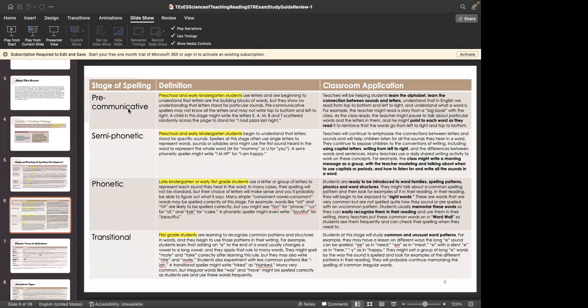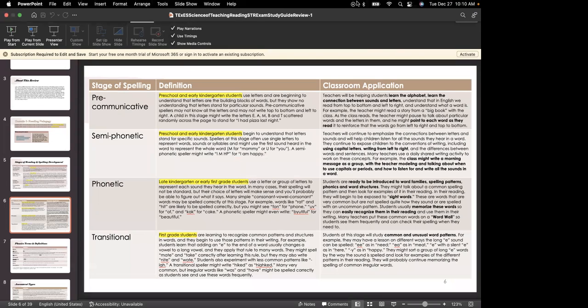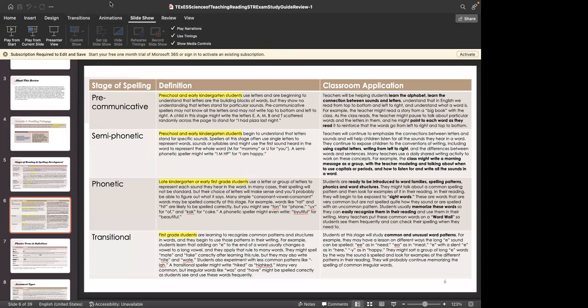I watched my daughters go through these stages. It was really cool, because when I started actively learning STR, or when it started coming out, I think they were 2 or 3 at the time. And when they were in preschool, I was doing the science of teaching reading program, the letters program.